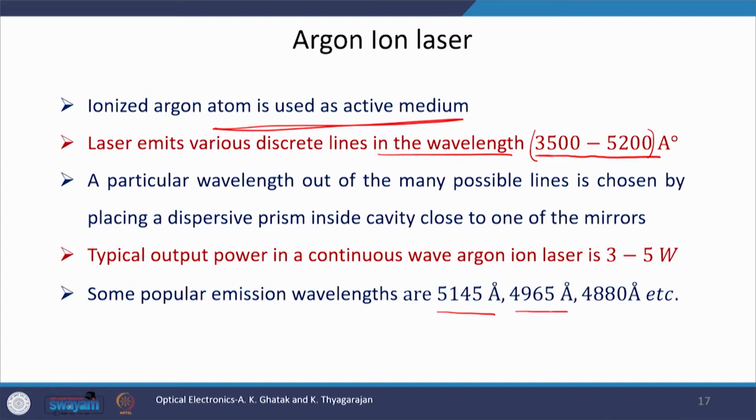Since the paths of travel of different wavelengths are different, we can easily pick a particular wavelength of our interest. The typical output power in a continuous wave argon ion laser is between 3 to 5 watts, and some popular emission wavelengths are 5145 angstrom, 4965 angstrom, 4880 angstrom, and so on.